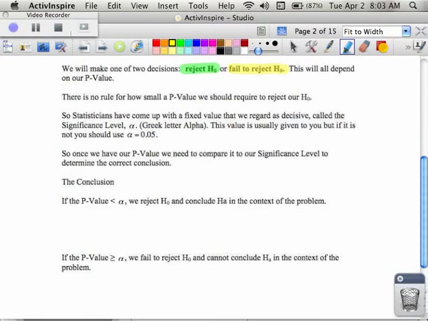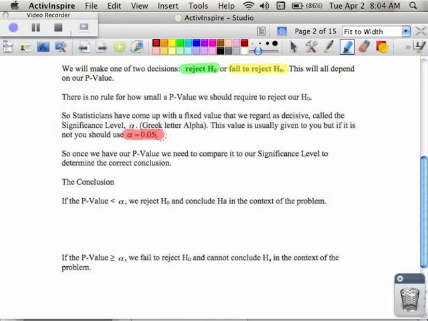There is no rule about this p-value, and as I said before, if they don't tell you, you always say the significance level is 5% or 0.05 for alpha. When you do your test and go through all the math, and you see that alpha was 0.05 and your p-value was 0.03214, which is less than that, that's when you reject the null hypothesis.